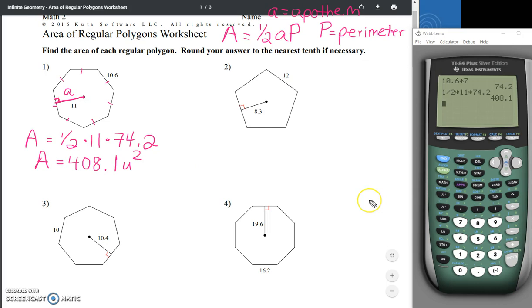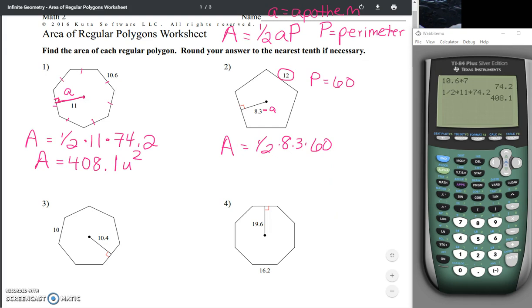Okay, another example. Here is my apothem, and here is my side length. I have 5 sides, so my perimeter is going to equal 60. My area is going to equal 1/2 my apothem, which is 8.3, and then times my perimeter, which is 60.